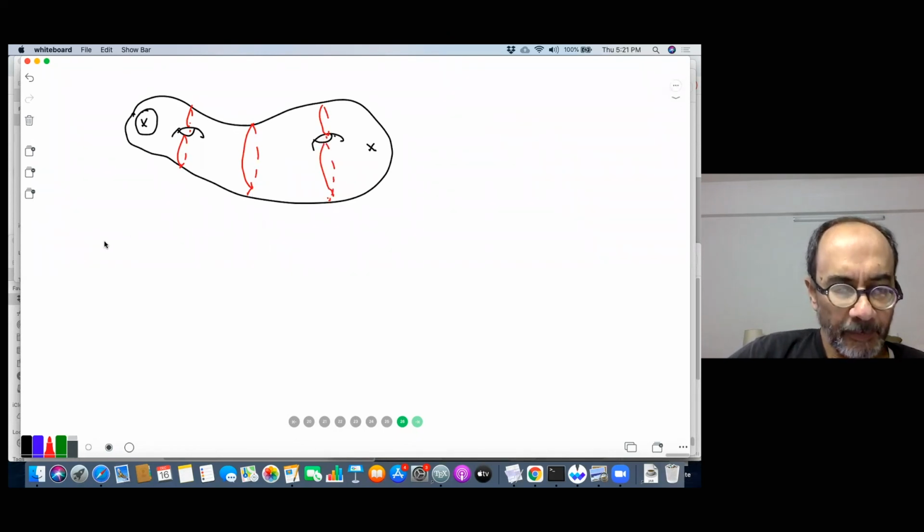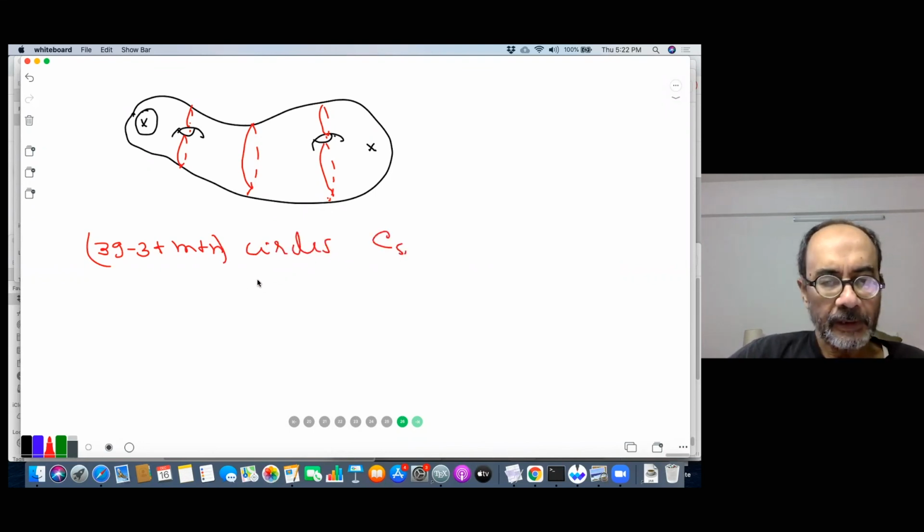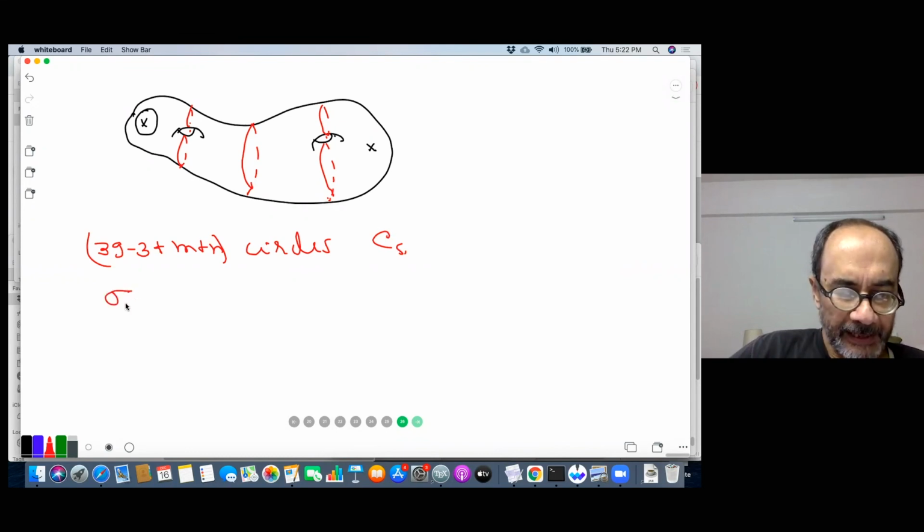Remember, we had 3g minus 3 plus m plus n circles, C_s. On that circle, we wrote down a general relation as sigma equal to F_s of tau_s.